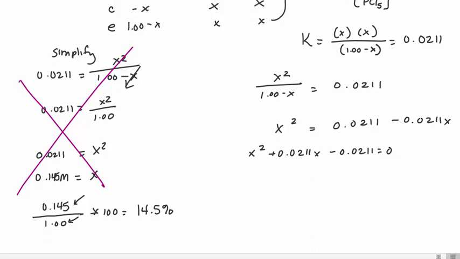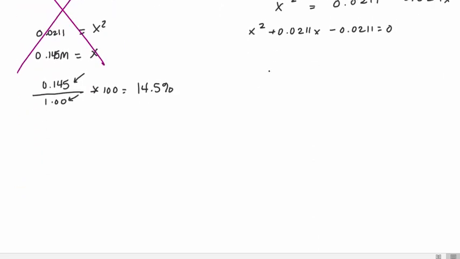Now I can use the quadratic equation. The quadratic equation gives us x equal to negative b plus or minus the square root of b squared minus 4ac, all over 2a.